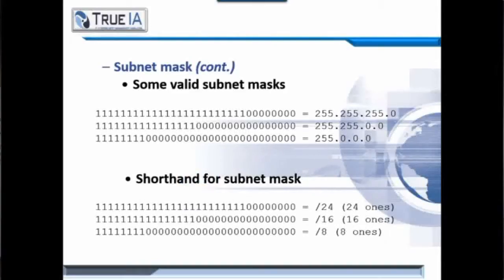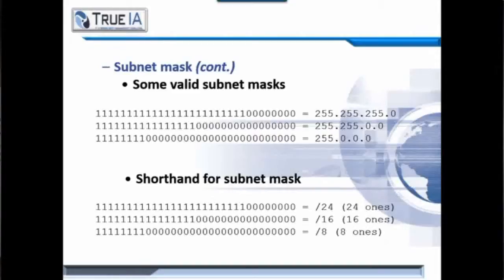Now, understand that you will see multiple ways to indicate the subnet mask. The classic way would be with dotted decimal notation, like 255.255.255.0. However, if you ever see a slash and perhaps a 24, well, that's just a shorthand way of indicating the same subnet mask.